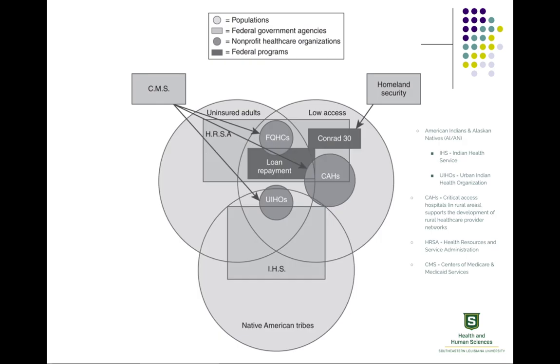So this image shows you all the places that have the populations that are being targeted, then the federal agencies that are in charge of those, the programs that are at play there, and some non-profit healthcare organizations that are working in those areas. This is a legend that shows you what the acronyms mean.